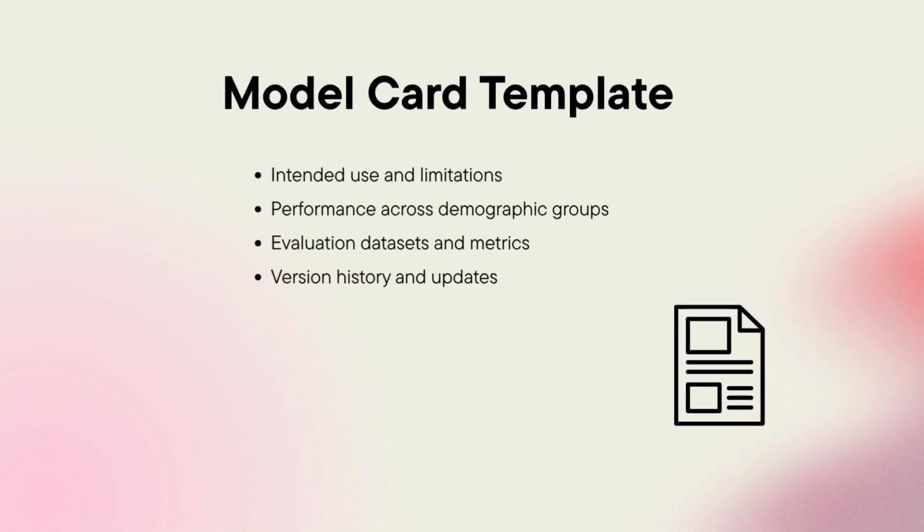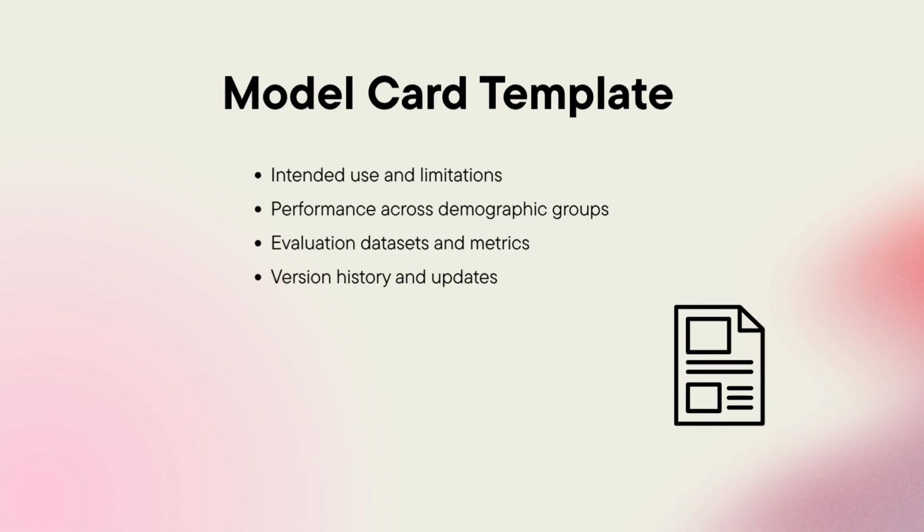So, a model card template. A model card template typically includes four core elements. First, it defines the intended use and limitations, ensuring consumers of the model know what it should and should not be applied to. Second, it reports performance across demographic groups, surfacing disparities that could indicate bias.